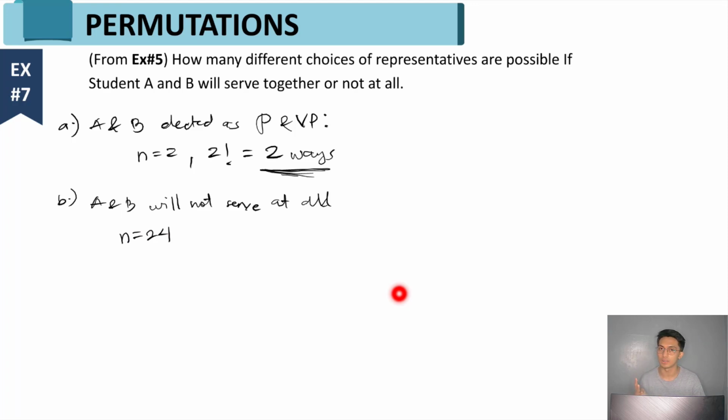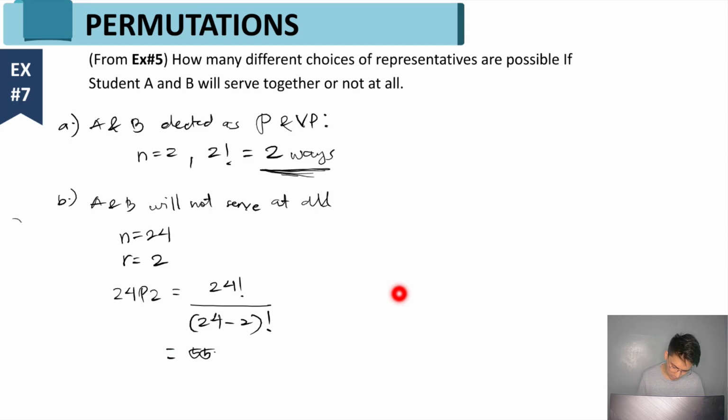Yung officers na yun na dalawa, doon na lang natin kukunin sa remaining 24 students without A and B. So, this is 24P2 or 24 factorial over 24 minus 2 quantity factorial. Ang sagot dyan ay 552 ways.